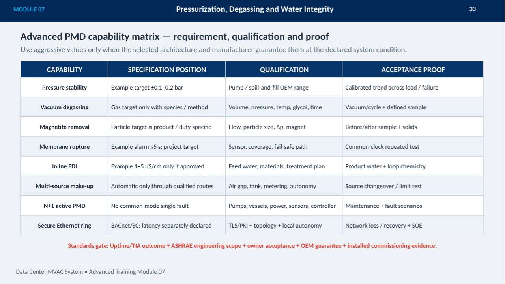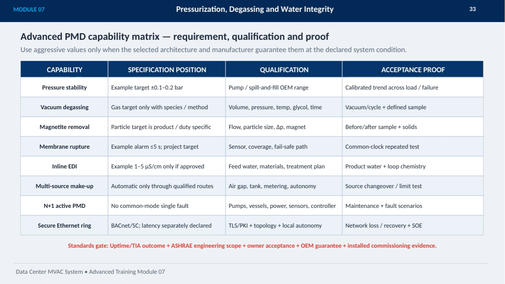Inline EDI conductivity targets, such as 1 to 5 microsiemens per centimeter, apply only if they're approved based on feed water quality, materials, and treatment plans. Multi-source makeup water is managed automatically, but only through qualified routes ensuring proper air gaps, tanks, metering, and autonomous controls.